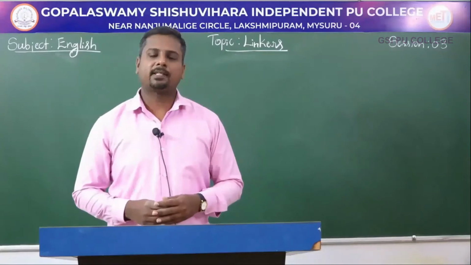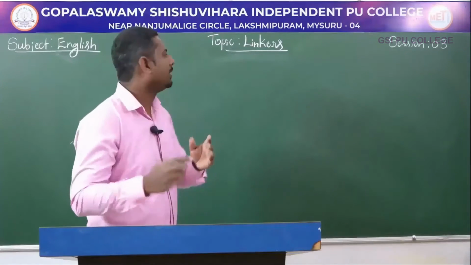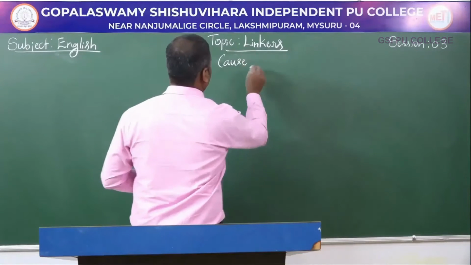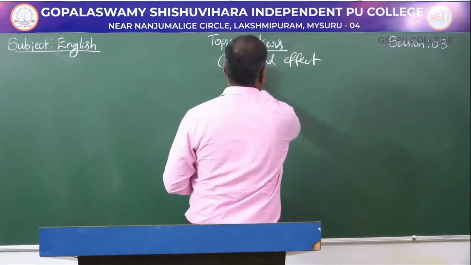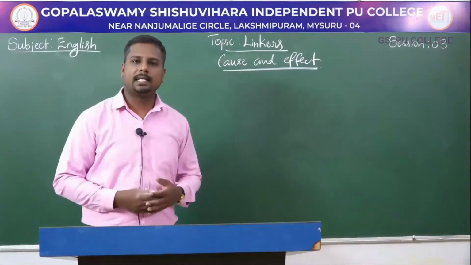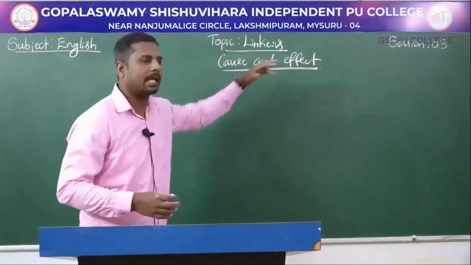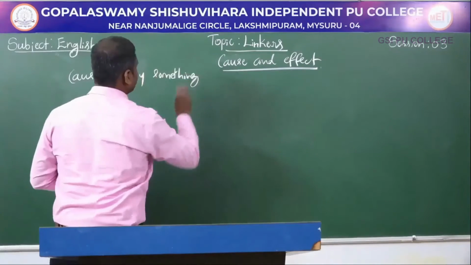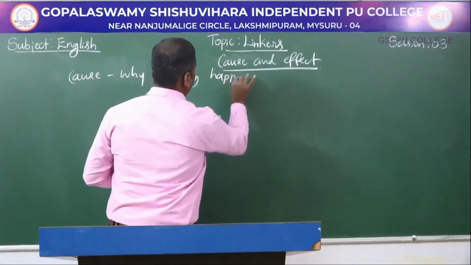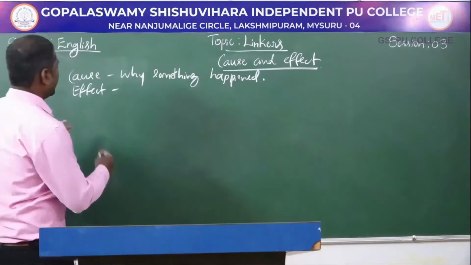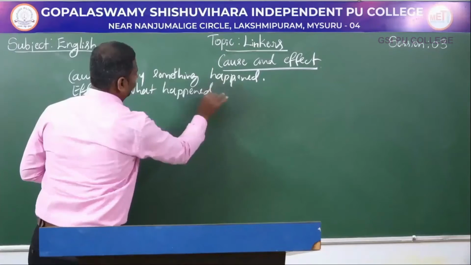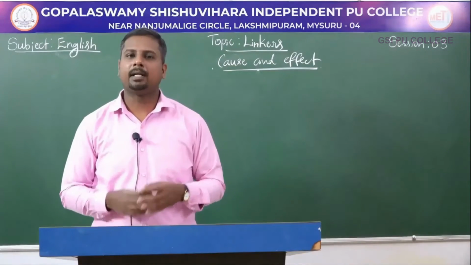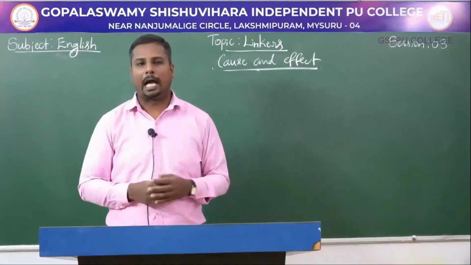Now let us move on to the next. We have linkers to express cause and effect. Now let us understand the difference between cause and effect. The cause is why something happened, and the effect is what happened.